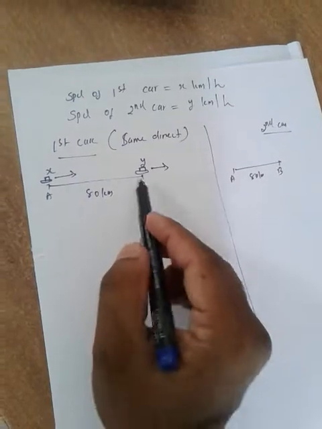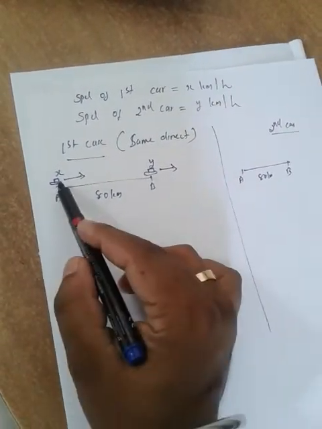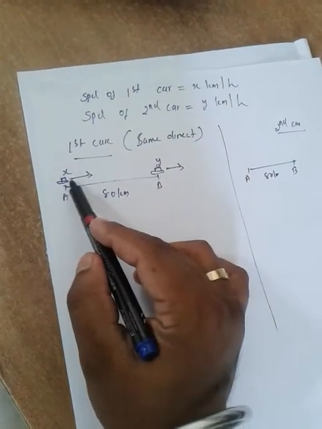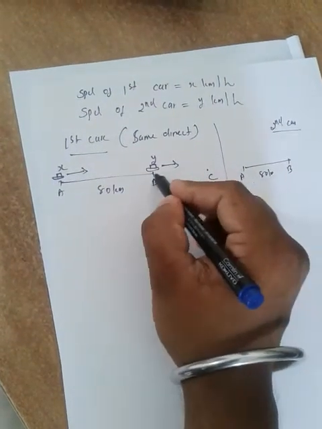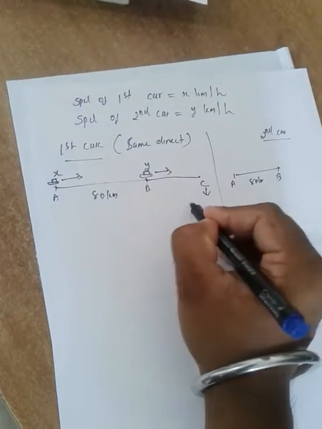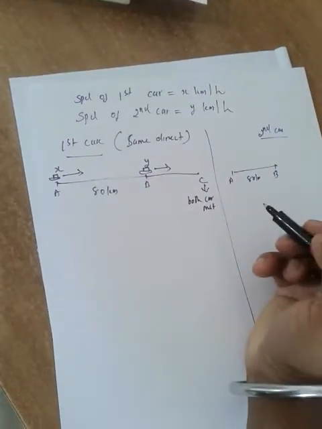In order to meet, this car must increase the speed, because you know that this car is in front of this car. It will travel at a speed y, so the first car has to increase the speed, then only it can meet this car. And suppose at C both cars met each other. This is the point where both cars met each other.